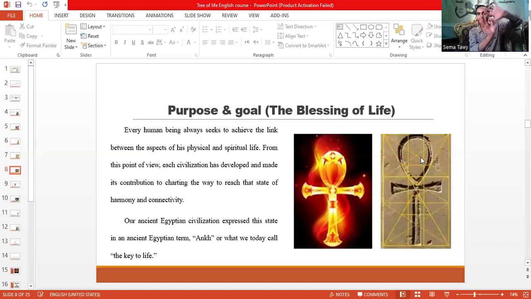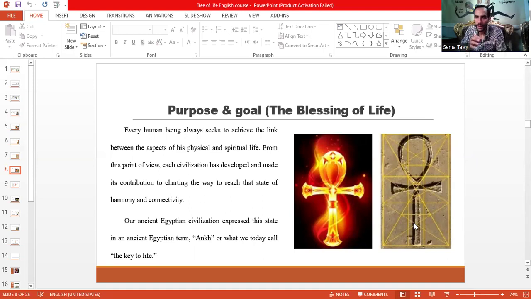Your spiritual needs in your life. This part expresses your spiritual needs. And the lower part here expresses your physical needs, your lower chakras, root chakra, sacral chakra, solar chakra, physical world, physical needs, lower consciousness.